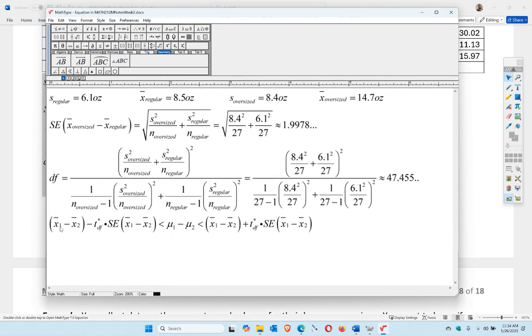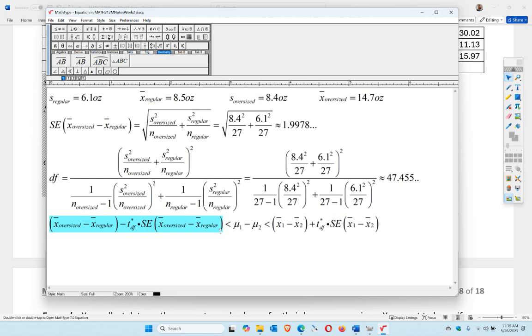So this is obviously oversized and regular. Okay, so we'll take this, copy, paste, change that to a plus. All right, so the difference in the two means, so basically 14.7 minus 8.5.